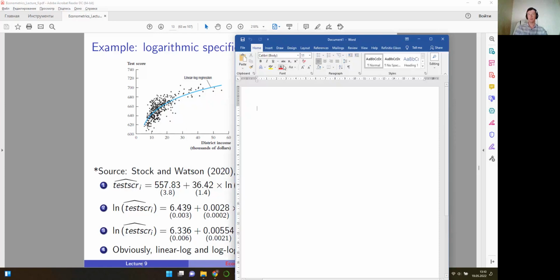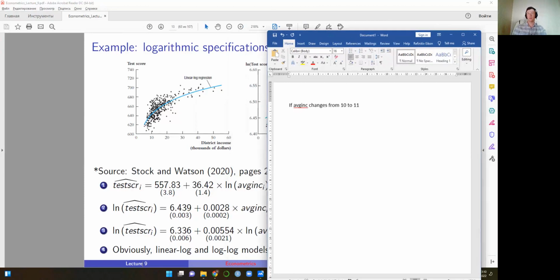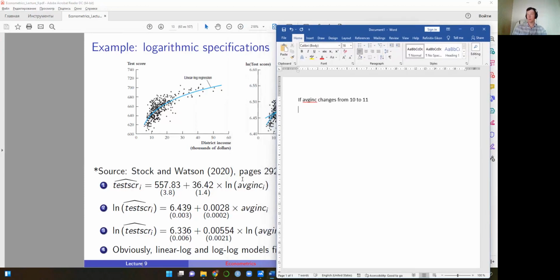So let's see. If average income changes from 10 to 11, we simply put everything into the model and we compute what the test score is going to be.